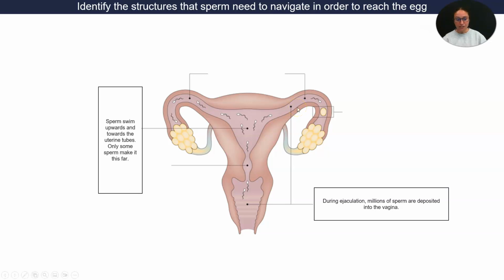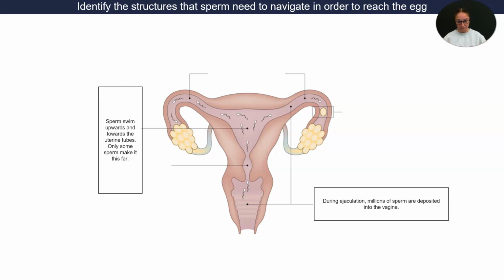And what they do is that the sperm start swimming upwards towards the uterine tubes. Now, some sperm are going to get lost along the way. For example, we have an acidic environment in our vagina, so some sperm will die. Some sperm are not going to be able to swim as well.